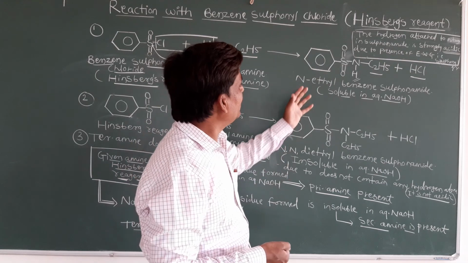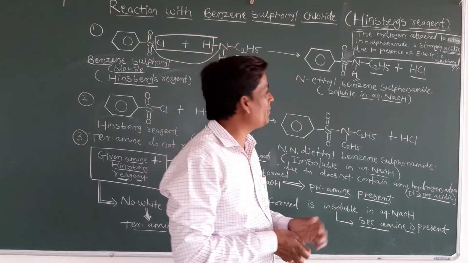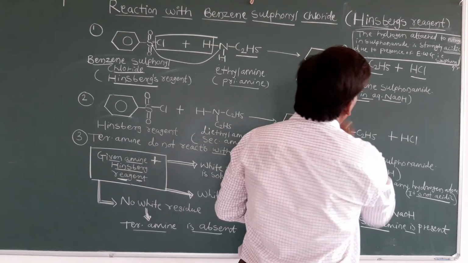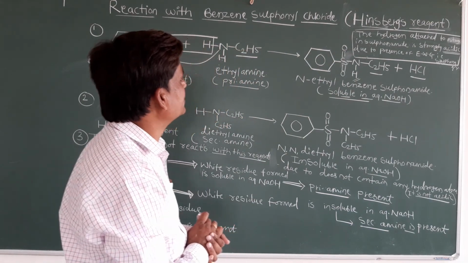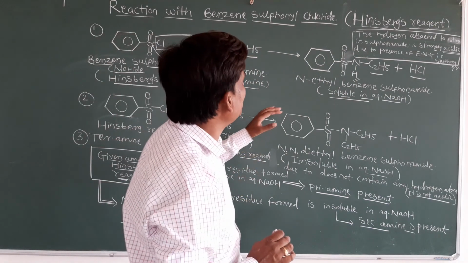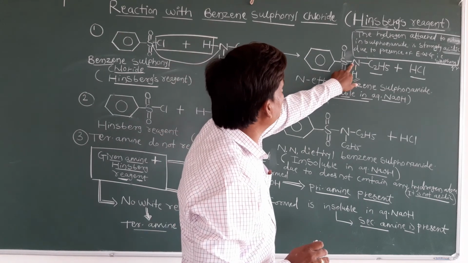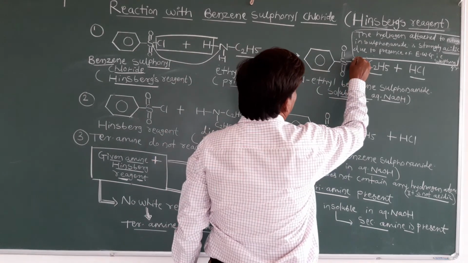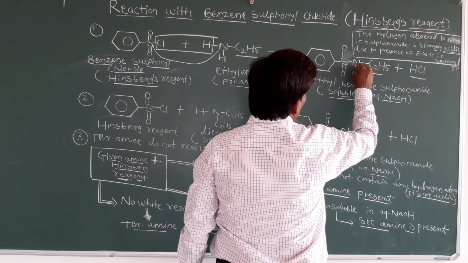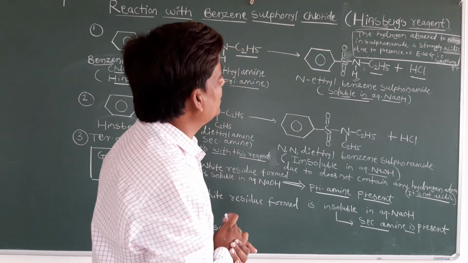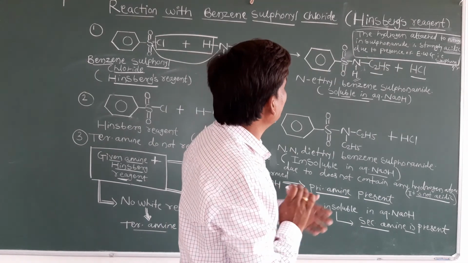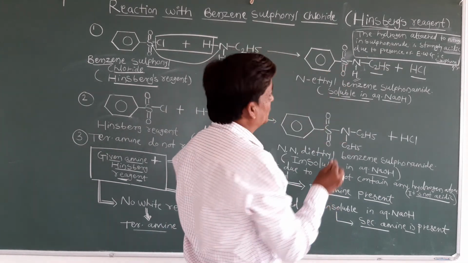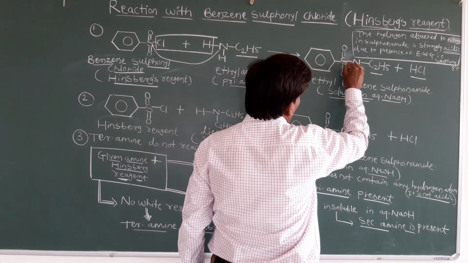This N-ethyl benzene sulfonamide is soluble in aqueous NaOH. Why is it soluble in aqueous NaOH? The hydrogen atom which is attached to this nitrogen, just check it. This nitrogen attached with only one hydrogen in a sulfonamide is strongly acidic, due to the presence of this electron withdrawing group, the SO2 group.